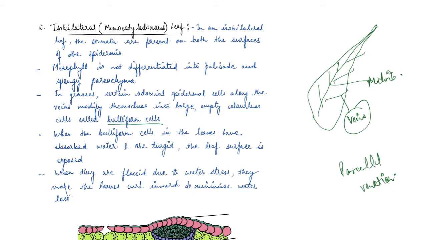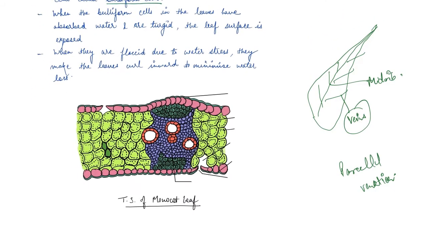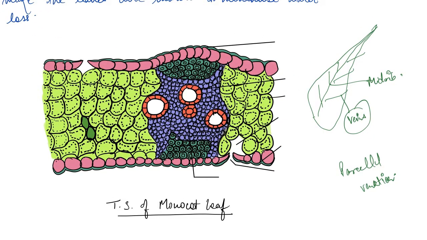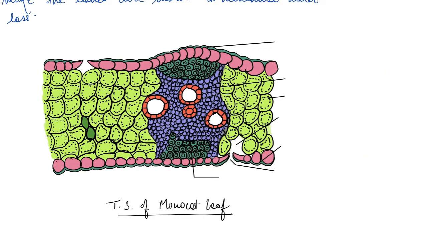So now we'll see the diagram of monocot leaf and we'll understand it even better. This is the transverse section of a monocot leaf, right? So here again we have adaxial epidermis and abaxial epidermis.